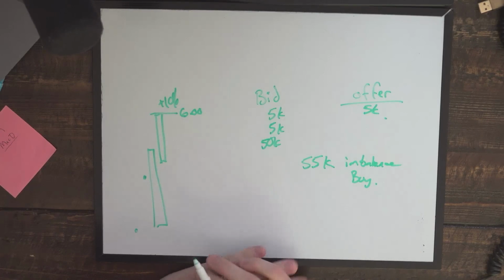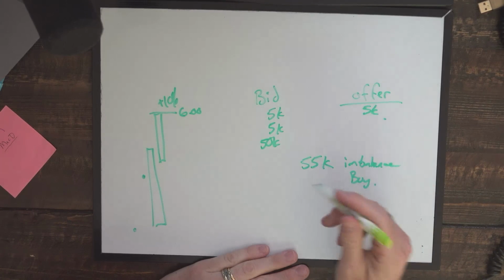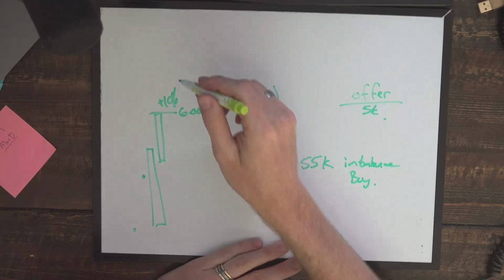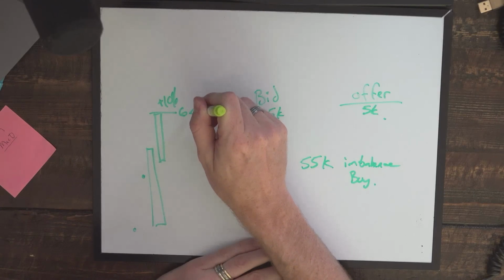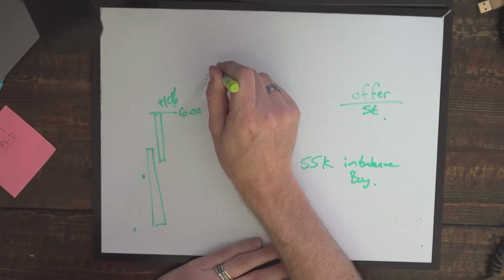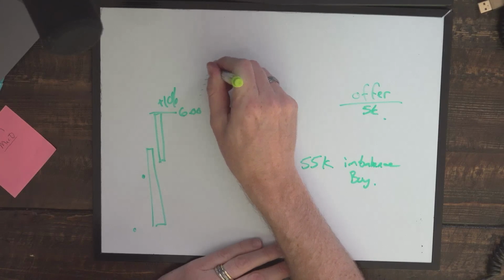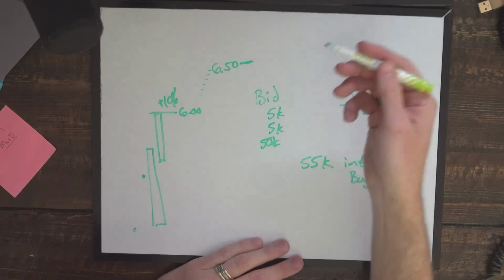So now you've got a 55,000 share imbalance to the buy side. Automatically, and this is all through the electronic market, the exchange will buy any of the sellers in this area up to 55,000, and then the stock resumes here at 650. So it opens higher and then begins trading.